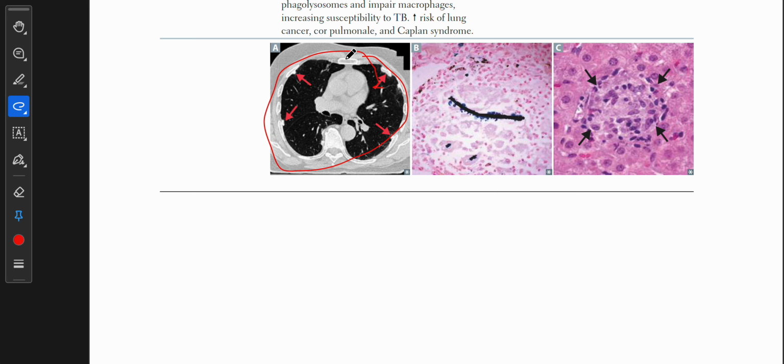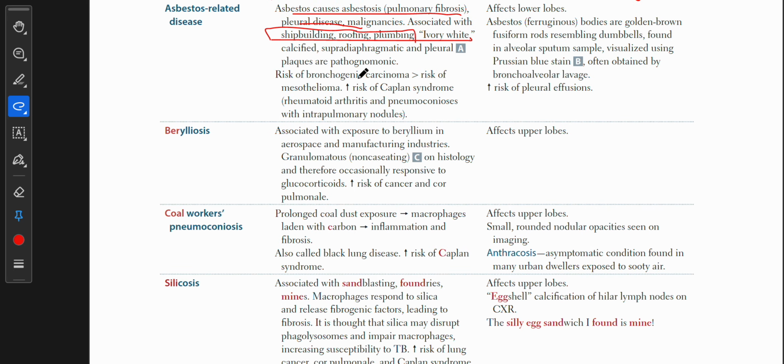These red arrows are showing these regions. And the risk of bronchogenic carcinoma is greater than the risk of mesothelioma in asbestosis-related disease, and there is increased risk of Caplan syndrome, which is rheumatoid arthritis, pneumoconiosis, and intrapulmonary nodules. And then they affect lower lobes.